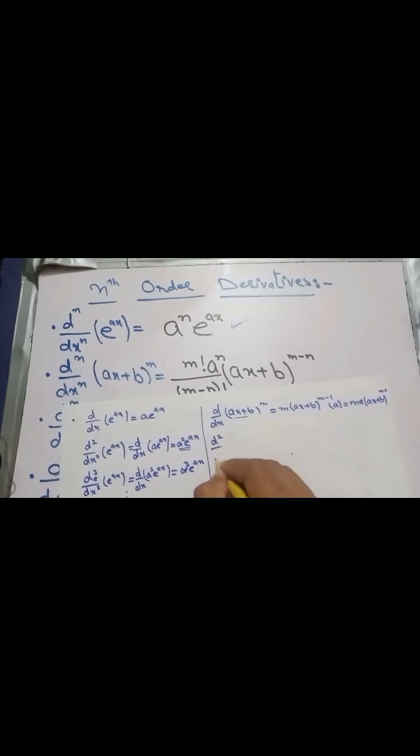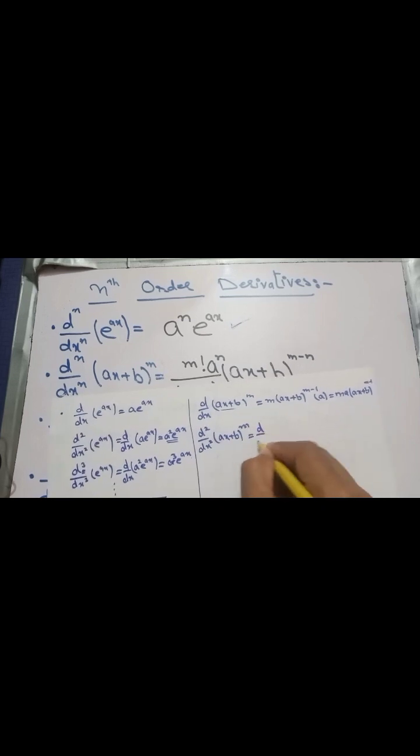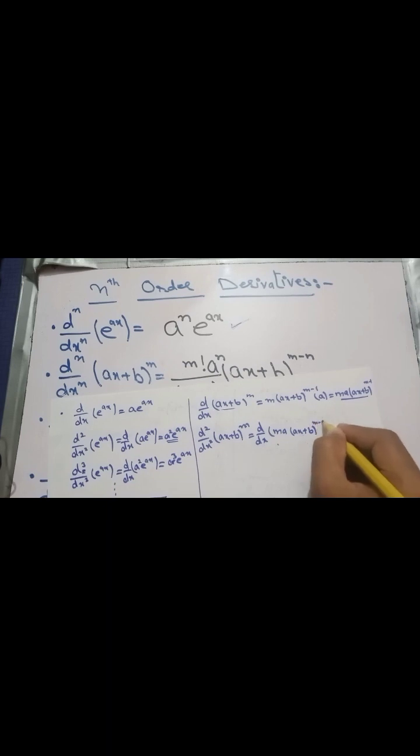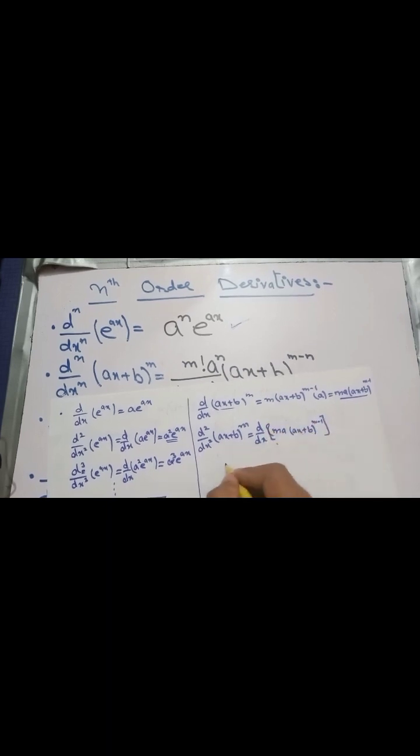If we differentiate again, for the second derivative, we need to differentiate the right hand side also. We can observe that when we differentiate it, there is m minus 1 at the start, and ax plus b has power m minus 2, because it was already m minus 1 and again 1 is reduced.